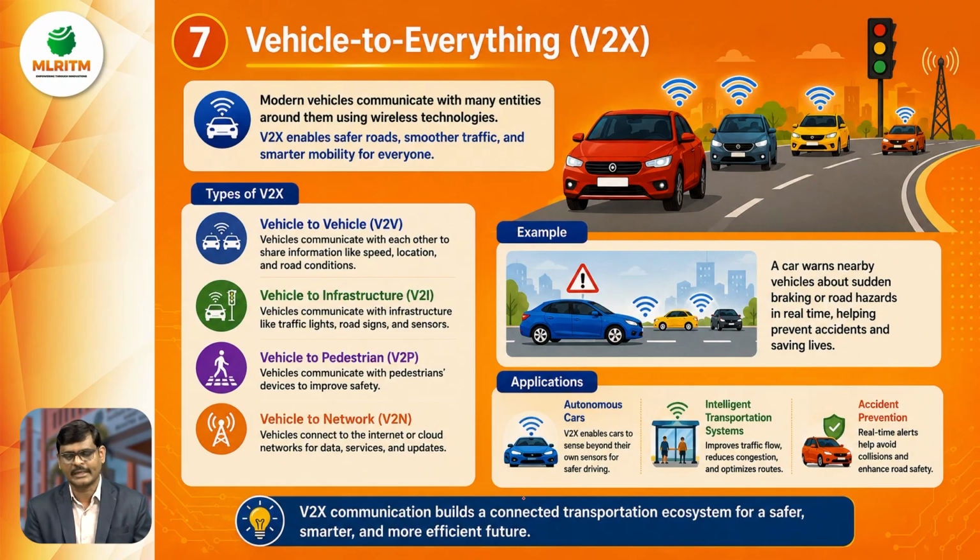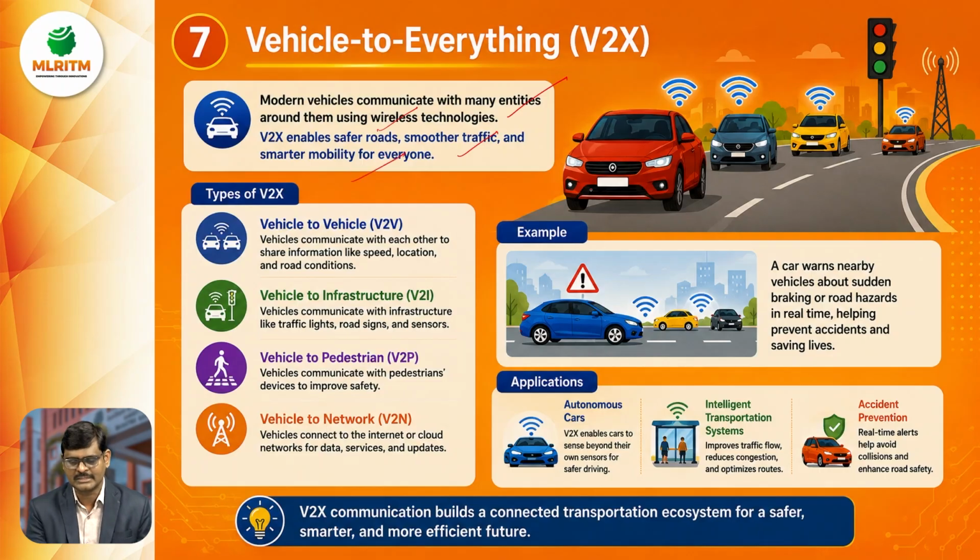The next one is vehicle to everything, called V2X, which generally uses vehicle to vehicle communication technology. Modern vehicles communicate with many entities around them using wireless technologies. V2X enables road safety, smarter traffic and smarter mobility for everyone.